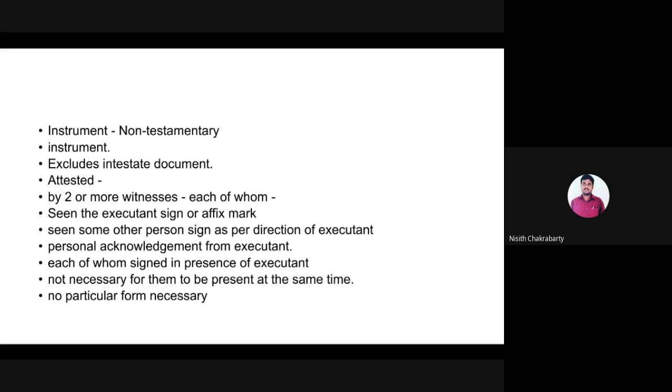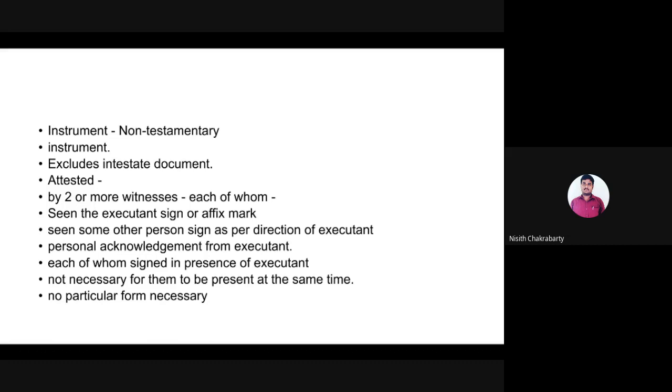But when I say that they must be present, they need not be present at the same time. You're getting it? They must have been present to sign in front of the executant, but they can come one after another. I'll give you an example. An executant A made a certain document. Now B and C are witnesses to this document and they are attesting it.